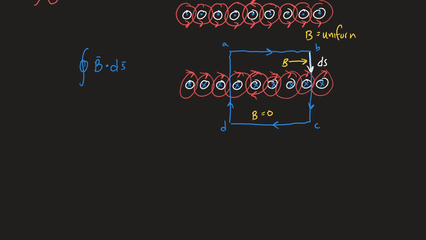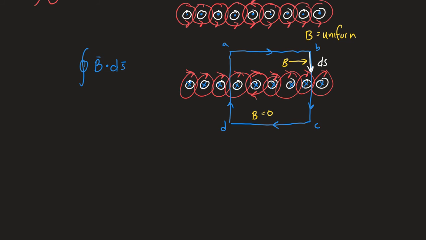So the dot product would require the cosine of 90 degrees, which means there would be zero contribution to the line integral from B to the midpoint, and then there's zero contribution to the line integral from the midpoint out because there's no magnetic field. So by using a rectangle and lining up those sides to be perpendicular to the field, we can cancel out three sides as having zero contribution to the line integral.